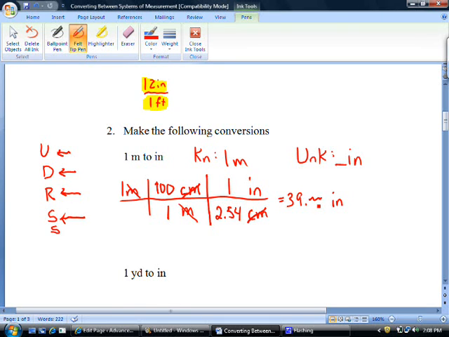Because we only have one significant digit in this problem, we will learn that we would be rounding that to about 40 inches. So an answer somewhere in this range is what we're looking for. That would be our solution, and that's all 5 points for number 2. So we'd go 5 plus, yay! That was easy.